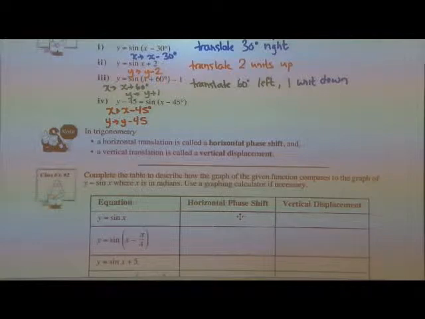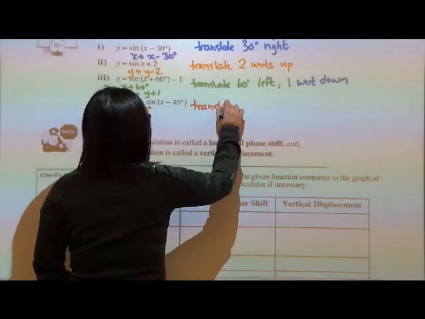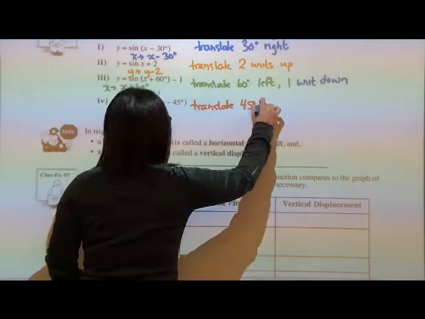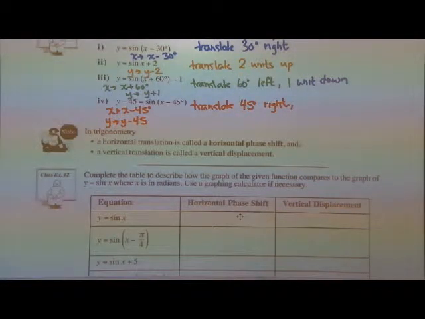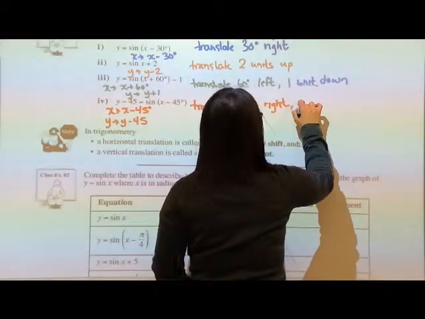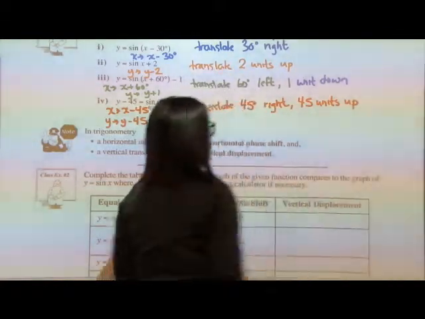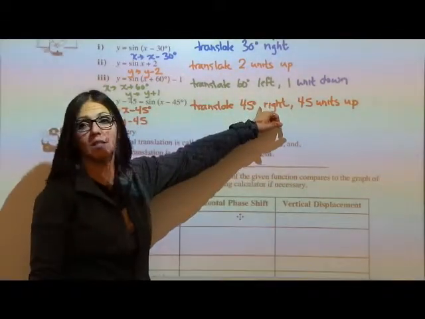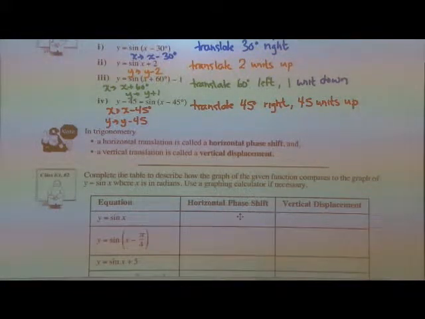You're moving it 45 degrees to the right. Okay. And Evan, if I replace y with a y minus 45, what am I doing? Translating 45 units up, good. The units are important. I need to see the degree symbol with the translating 45 degrees to the right.